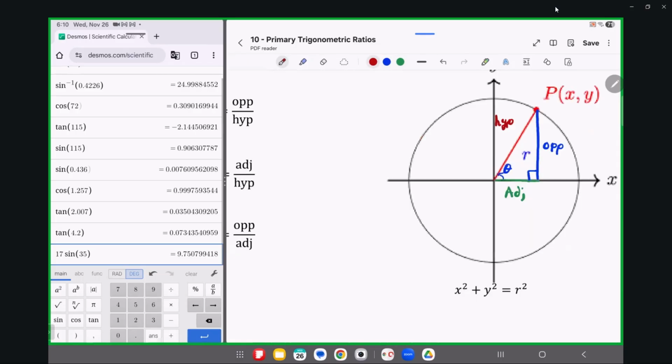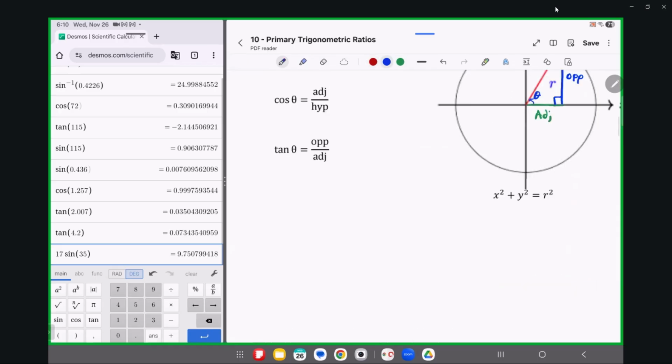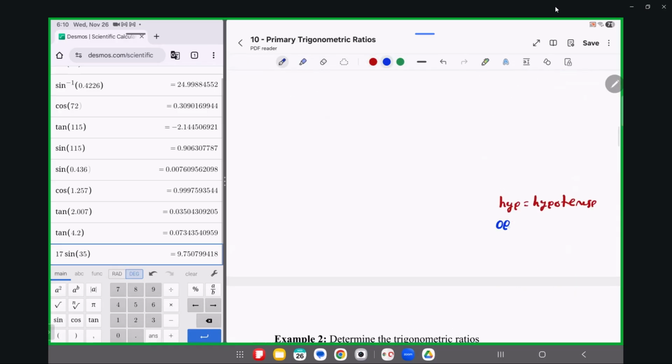And please note, I am saying that hyp equals hypotenuse. The opp is our opposite, and we're using adj to represent the adjacent.